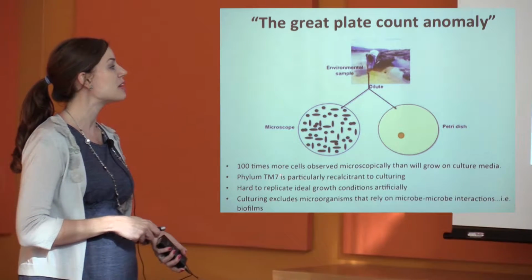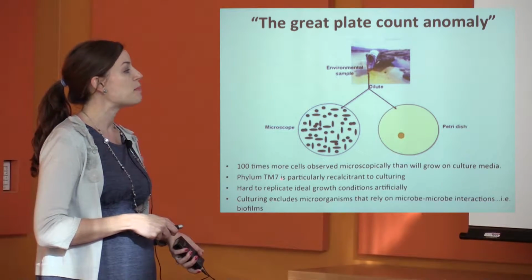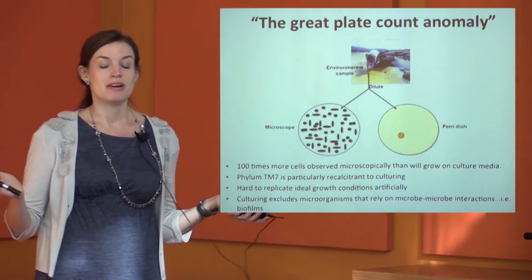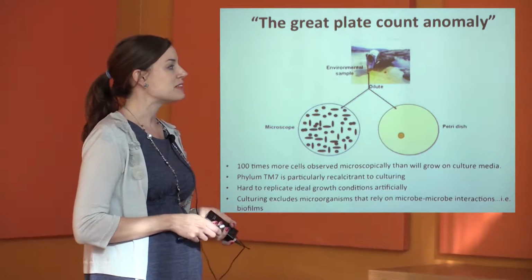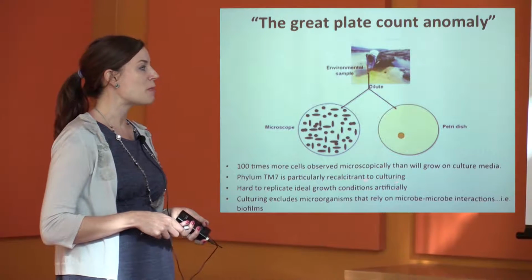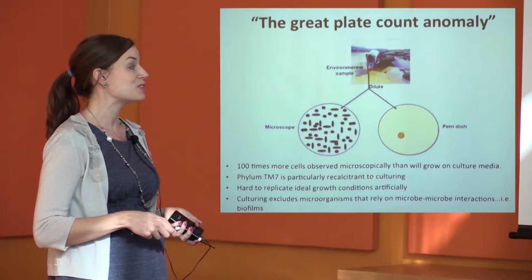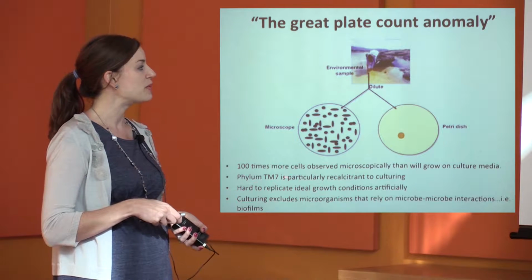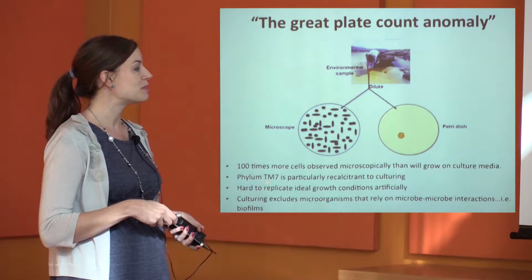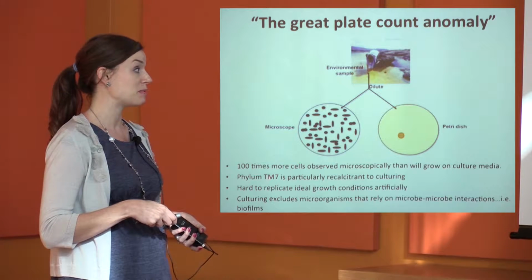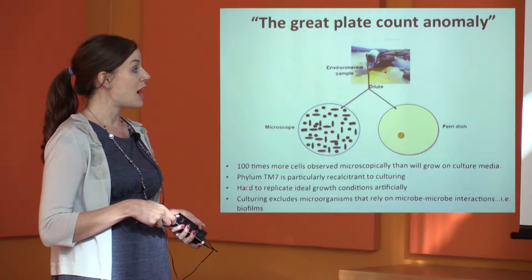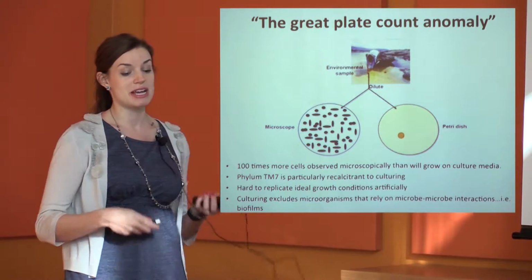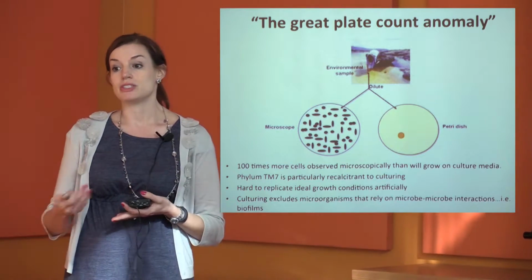In particular, we now know there are certain types of bacteria that will not culture no matter what condition you try to put them under. This phylum in particular is well known, through many attempts, to not have been cultured. That's because it's really difficult to replicate the growth conditions needed.